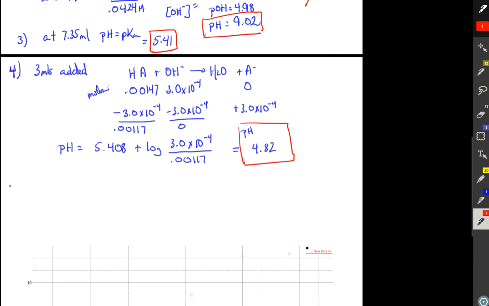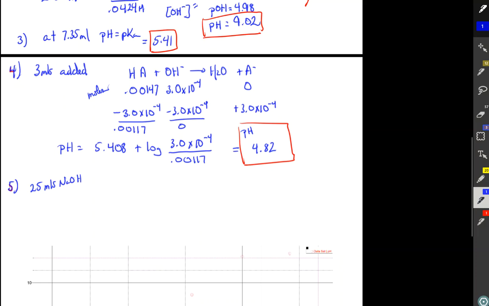Now I'm going to do one more that has to do with what if we overload it. Let's say we put 25 mils in. Way at the other end, remember, this thing's titrated at 14.7, so 25 mils of NaOH is going to be way overboard.